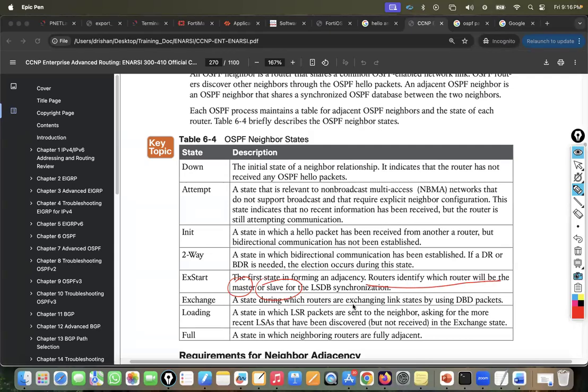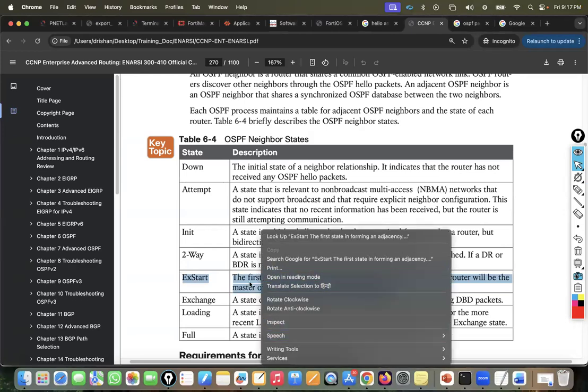If there's no router ID, the default selection is going to happen based on your, what I can say, interface IP address. Let me show you.